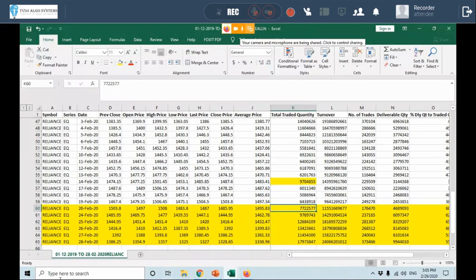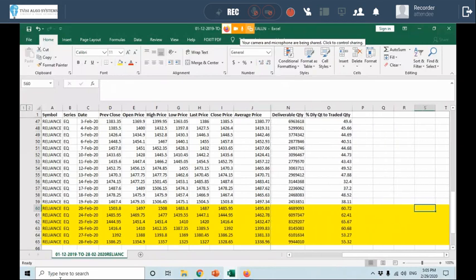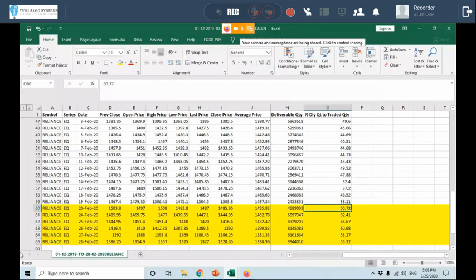The traded quantity is big. Delivery quantity is also very big. Someone has sold Reliance on delivery basis at these levels, 1485. If anyone is holding this stock, they should have exited by 1485.